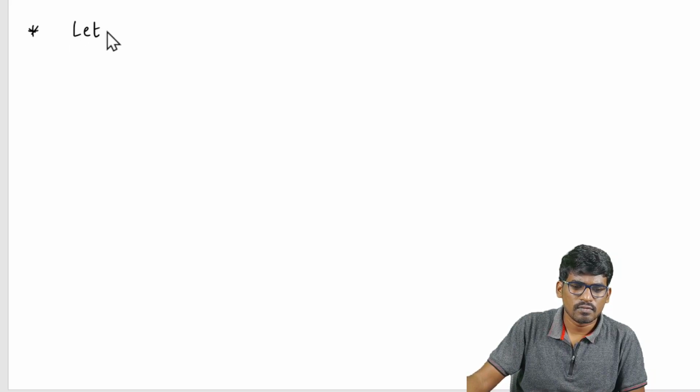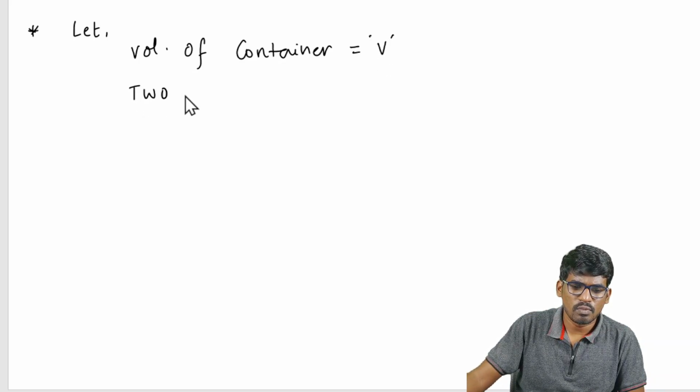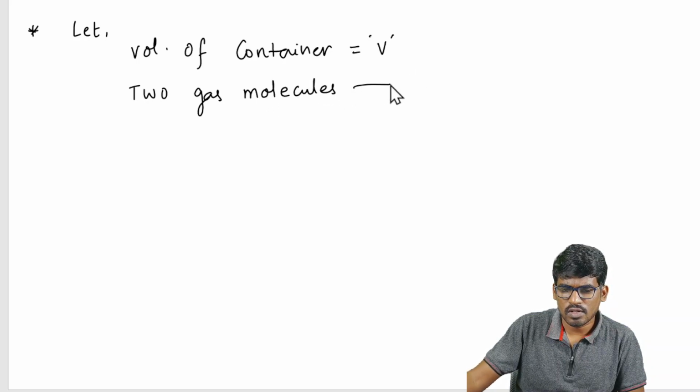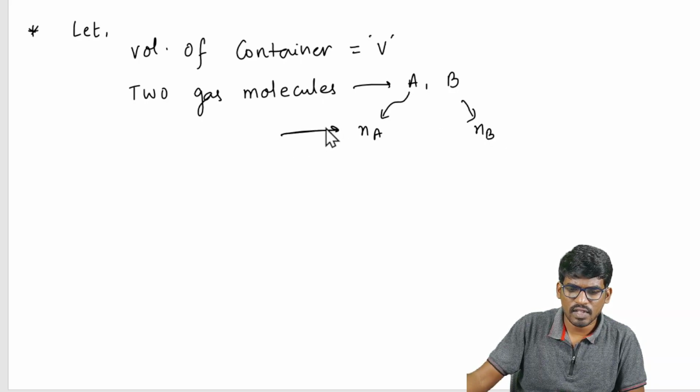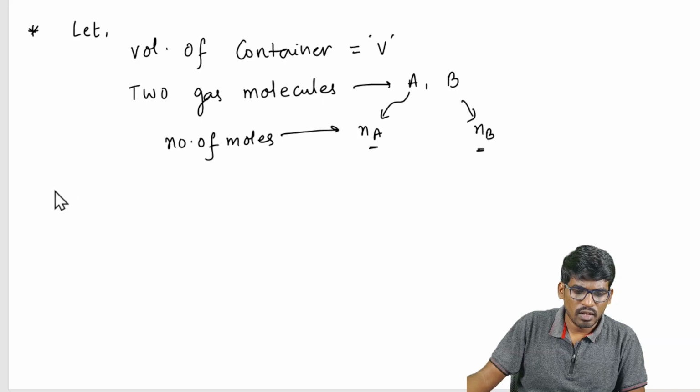Let us consider the volume of the container as V, and two gases that I have taken, labeled A and B. Let the number of moles of gas A be Na, and the number of moles of gas B be Nb. Fine. Now what are we going to do?